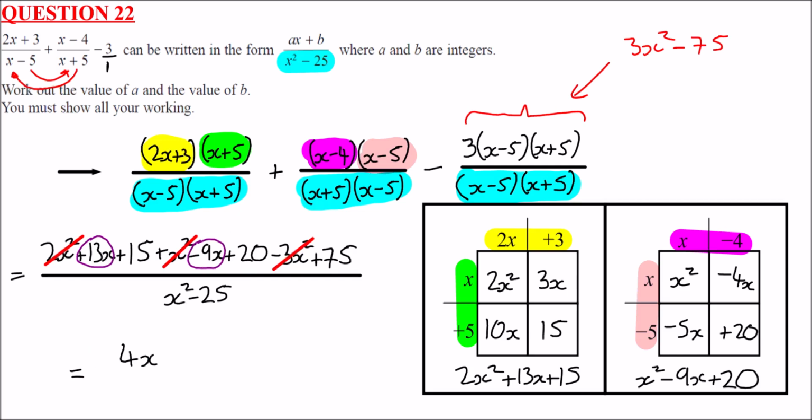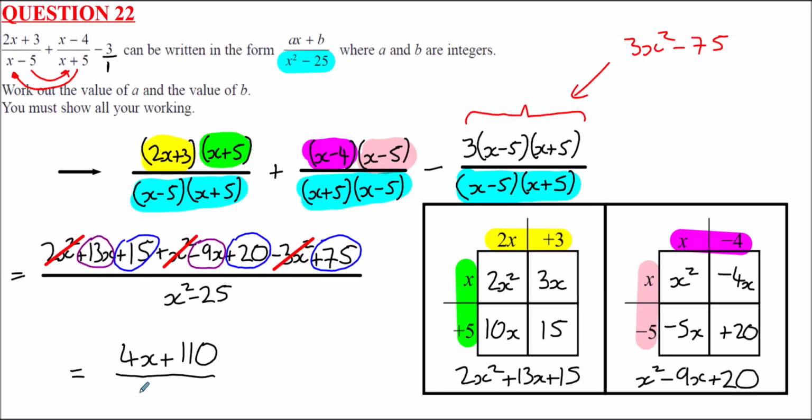And finally, just the numbers on their own. I've got positive 15 here, positive 20 there, which is positive 35, plus another 75, which makes a total of 110. So on the top, I'm going to have 4x plus 110. On the bottom, of course, x squared minus 25.